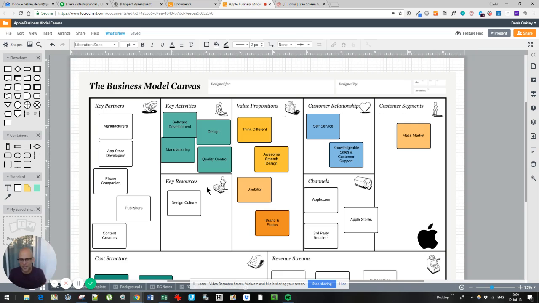A trivial example would be Santa's key resource: Rudolph and the rest of the red-nosed reindeer and his sleigh. Yeah, what do they do for 364 days a year? And that is a very predictable use of the resource, but it's a very inefficient use of the resource.